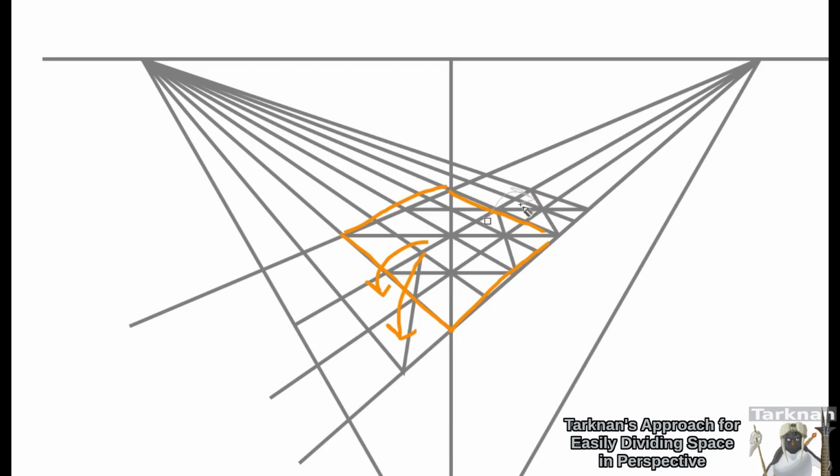For this side, this half of the square was duplicated and then cut in half. You end up with the same grid.